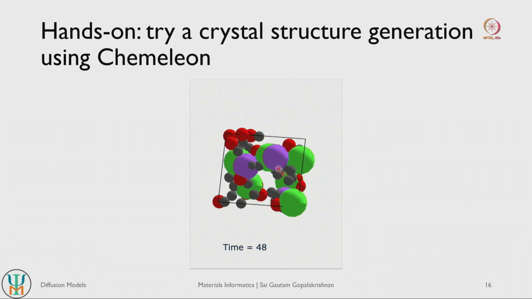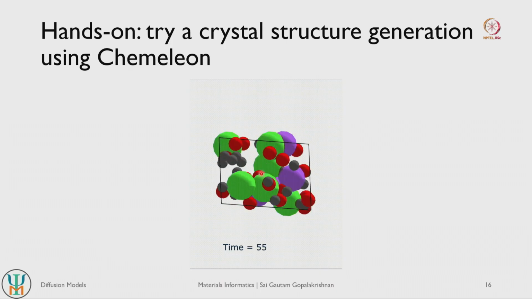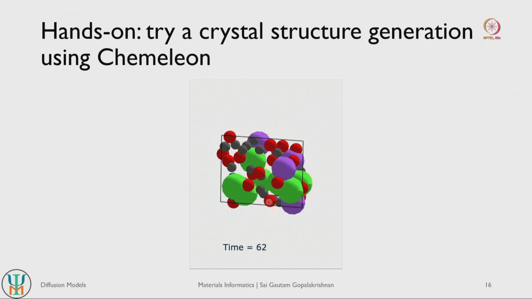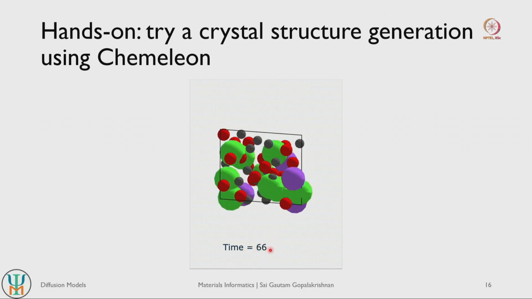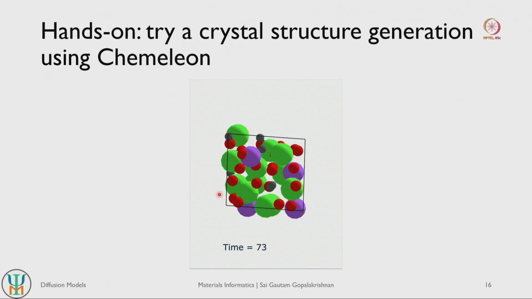So the grey atoms indicate atoms whose identities are not well established. The green, purple and red atoms are atoms whose identities are established now. So you see that at time step 64 your structure has become significantly more denoised than what it started with.